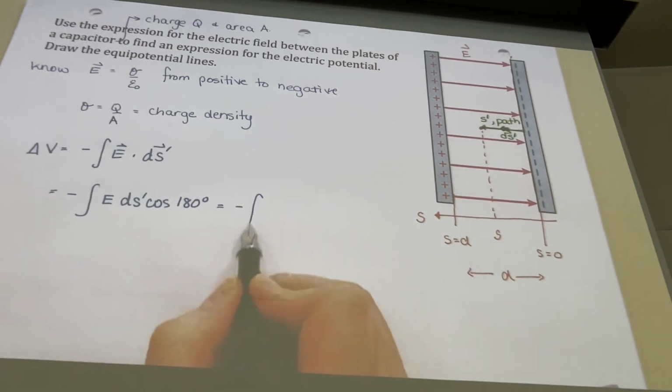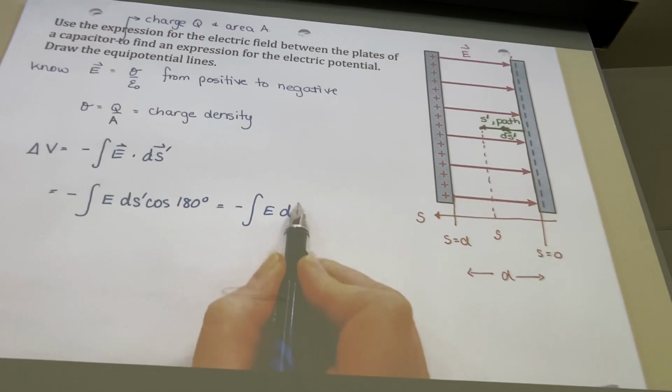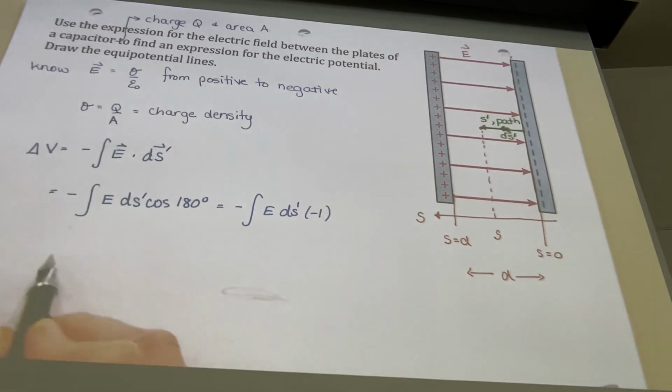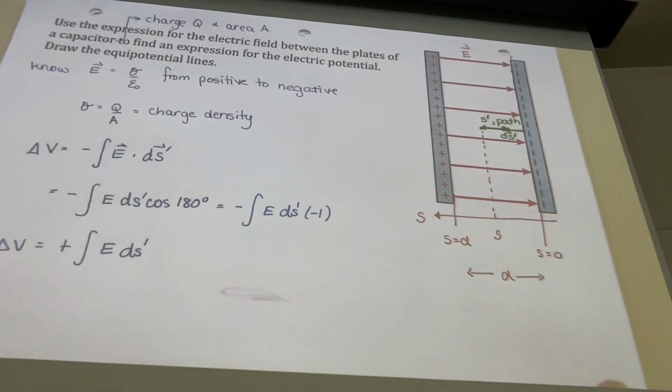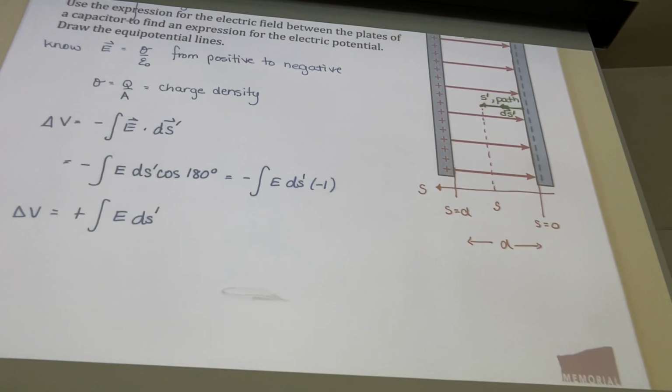So that's minus the integral of E ds prime times minus 1. Delta V equals plus the integral of E times ds prime. This is a little bit like what we did last day when we had that wall of the heart cell and we were doing the integral. Same sort of deal there.